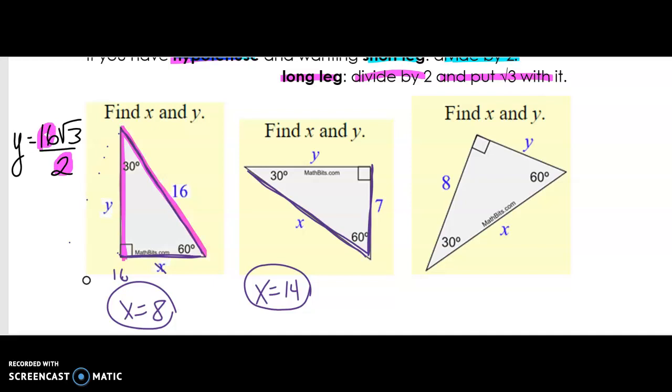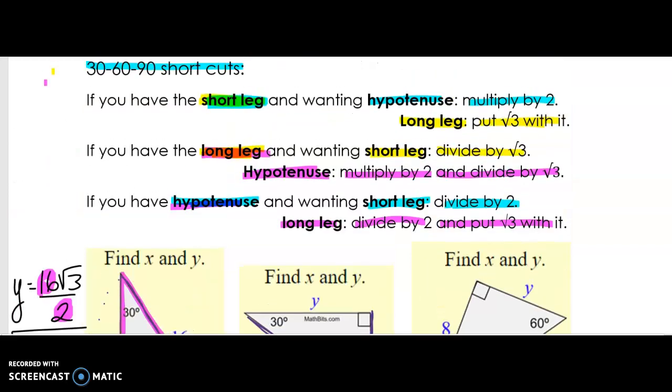The 16 and the 2 reduce, so this would be 8 square root of 3. Not too bad as long as you have these rules right here.